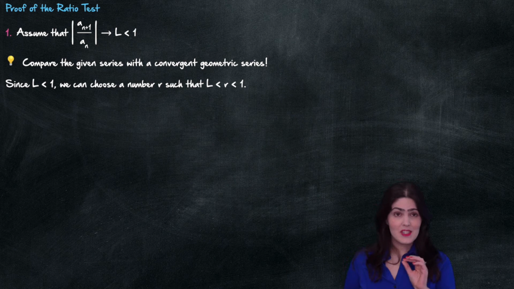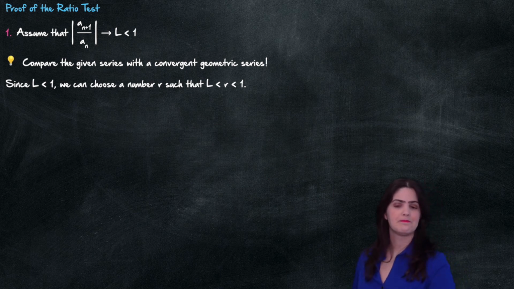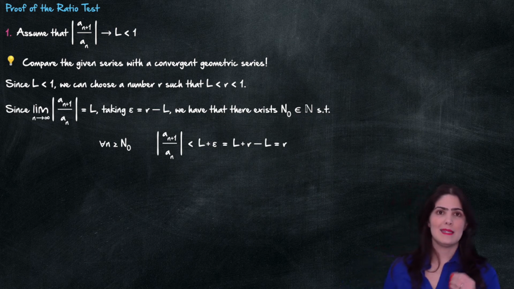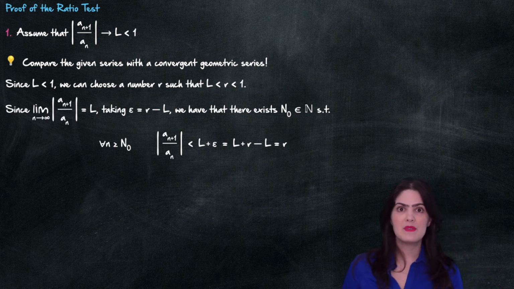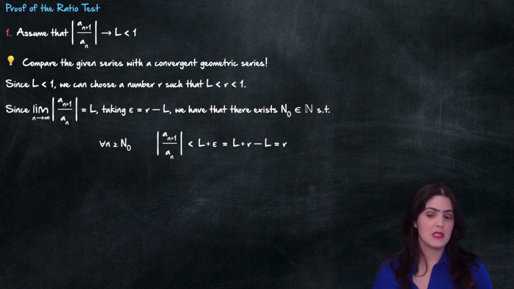So since L is strictly less than 1, I can choose a number r that is in between L and 1. Okay, so we have this r between L and 1, and this is what I'm going to do. I know that the limit is L, and I'm going to take epsilon equals r minus L. This is a positive number, so it's a valid epsilon.